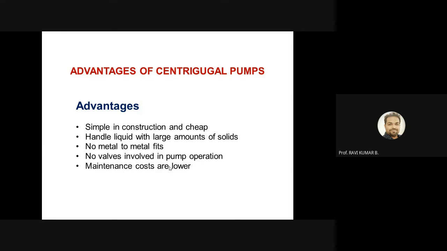That is a big problem with reciprocating types of pumps. Lubrication issues are not there, and various valves need to be utilized when we are dealing with reciprocating pumps. Here valve problems are not there. No need to attach any kind of valves. No metal-to-metal fits are required. So no additional things need to be attached. It's very simple in construction, very cheap, and overall in operation.